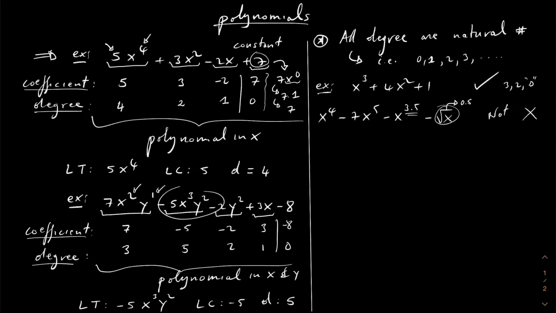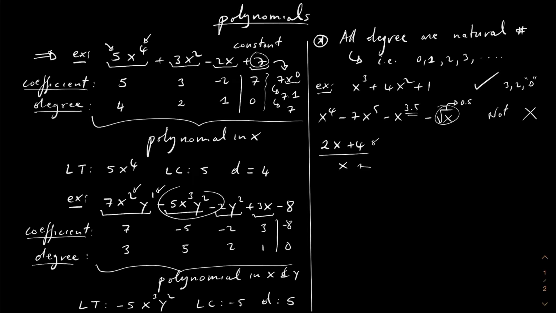Next example, we are going to have 2x plus 4 divided by x. You can see that this particular one is actually not a polynomial. You have 2x plus 4 on the top, which is fine. This is a polynomial. And on the bottom, you have just x, which is also a polynomial.